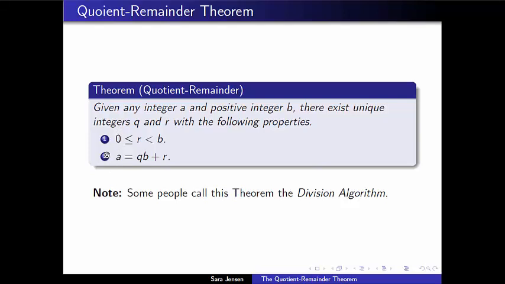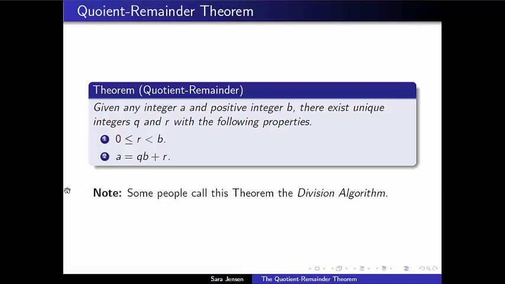The first is that the remainder has to be strictly less than the divisor, but it could be equal to 0. The second requirement is that the dividend is equal to the quotient times the divisor plus the remainder. And those things together make up the quotient-remainder theorem.